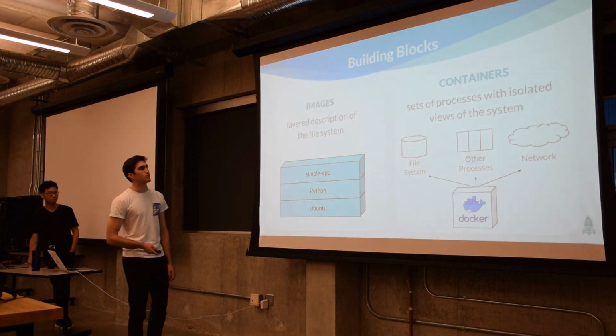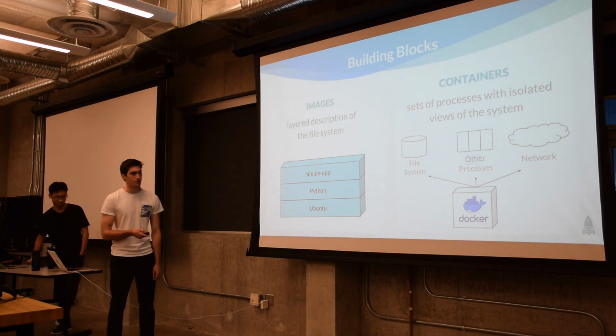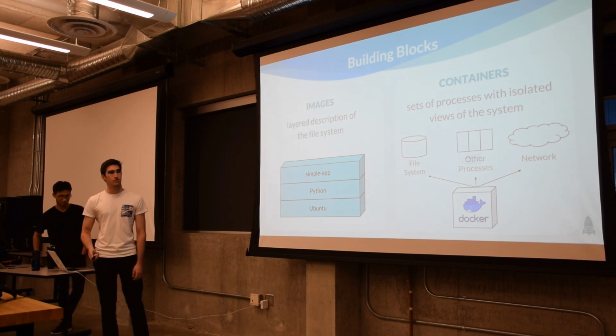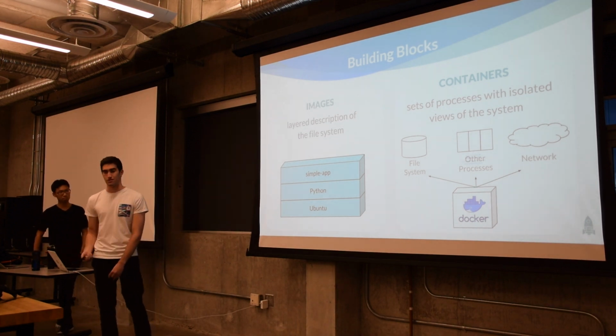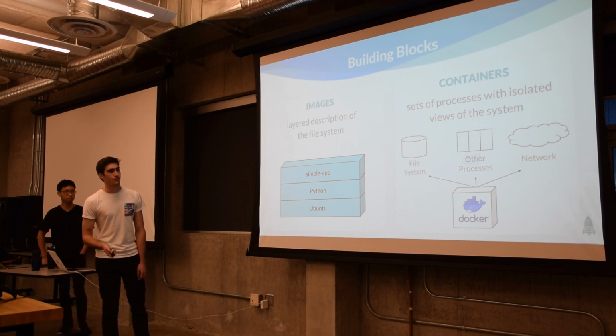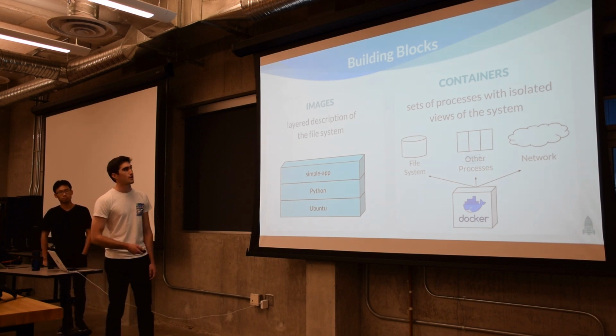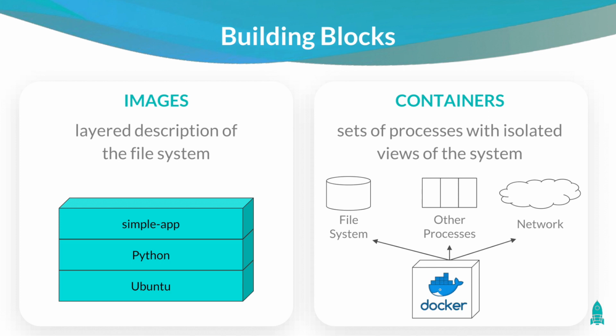Okay, so there are two core building blocks that we'll walk you through when you're using Docker, and when you're using a lot of containerization systems in general, but we're focusing on Docker here. The first one is images, and the image is an image of the container.